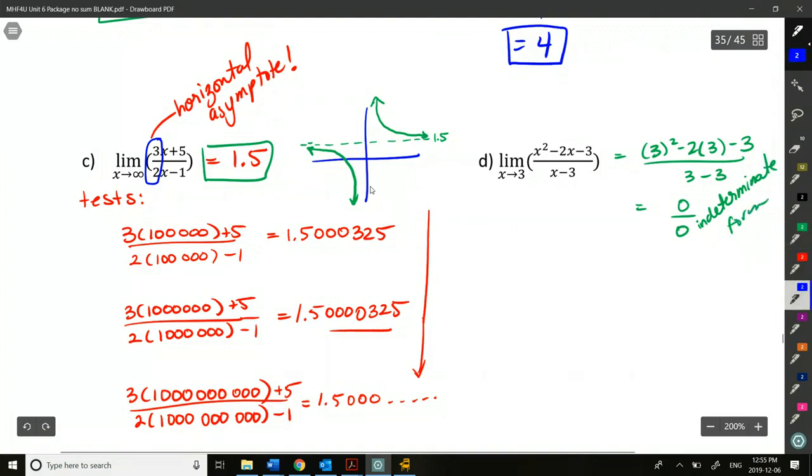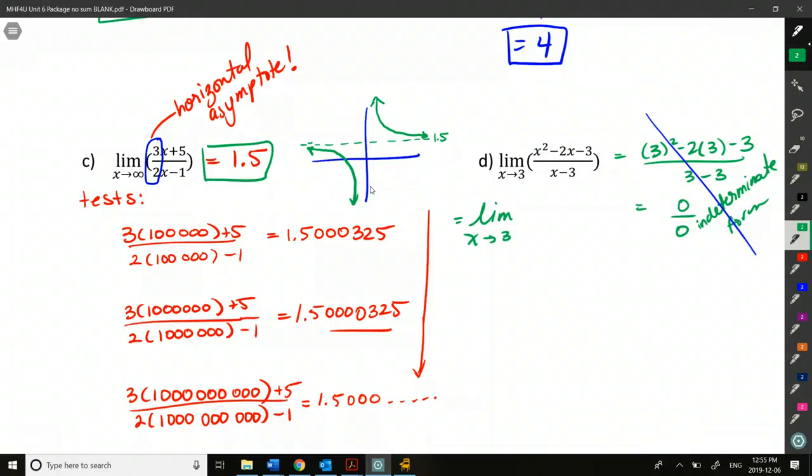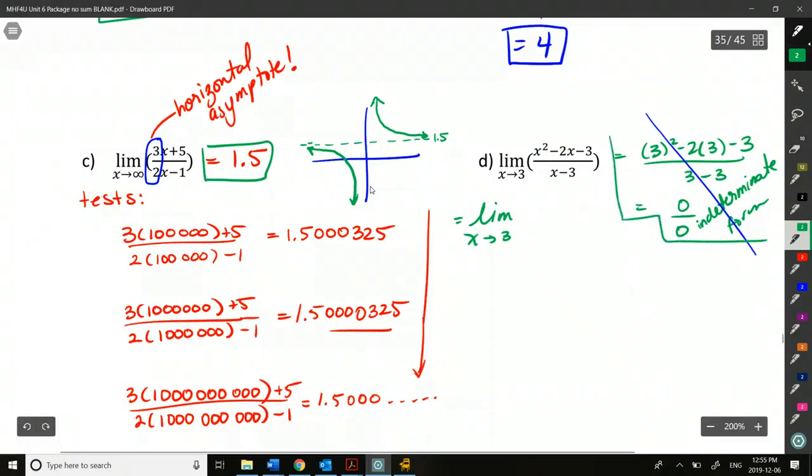That means we probably have to do something else other than subbing in first. So because I can't sub in, I'm going to keep writing the limit notation. Any ideas as to maybe what we can do to simplify this equation or work with it in a bit of a different way?